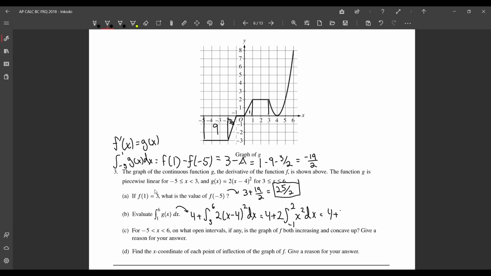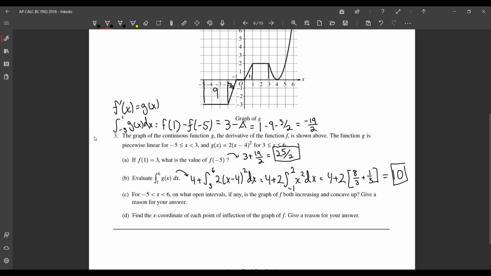So this is 4 plus 2 times x cubed over 3, so 8 thirds minus negative 1/3, so plus a third. So that's going to give us 9 over 3, which is 3. So 4 plus 2 times 3 is 4 plus 6, which is 10.